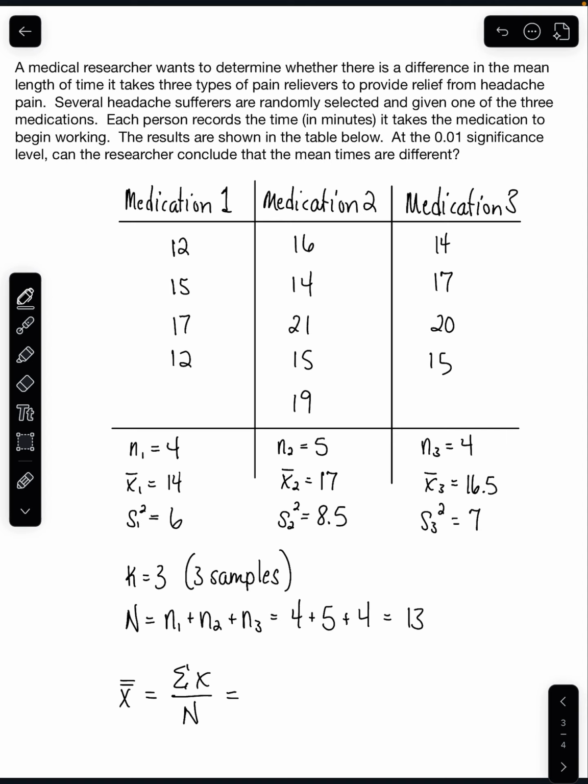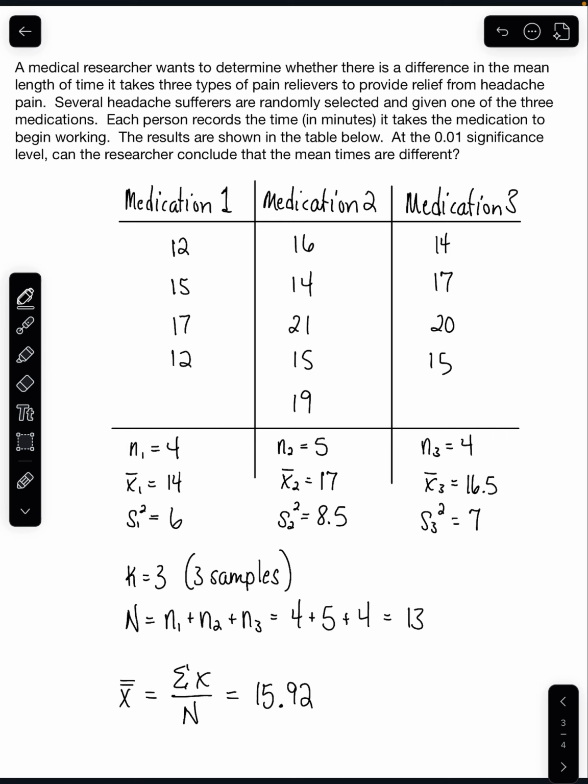Again, saving some time here, the grand mean is going to come out to be approximately 15.92. These things are all easy enough to calculate on your own: the mean of each sample, the variance of each sample, and the grand mean. And again, if we're using a spreadsheet program, these are also very easy to calculate.